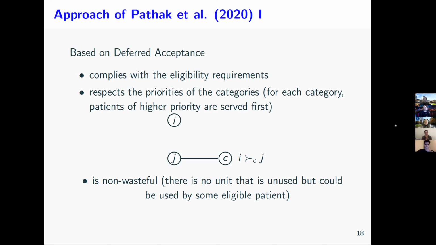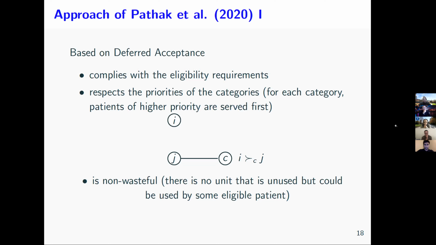what Pathak et al. showed was that the outcomes are characterized by three very nice, simple axioms, which are not only meaningful in the matching market context, but they're also widely received and recognized in the ethical healthcare circles as well. So if you do allocation in this way via deferred acceptance, then you get a matching which complies with eligibility requirements, which simply means that a patient or an agent gets a unit from a category that particular agent is eligible for.